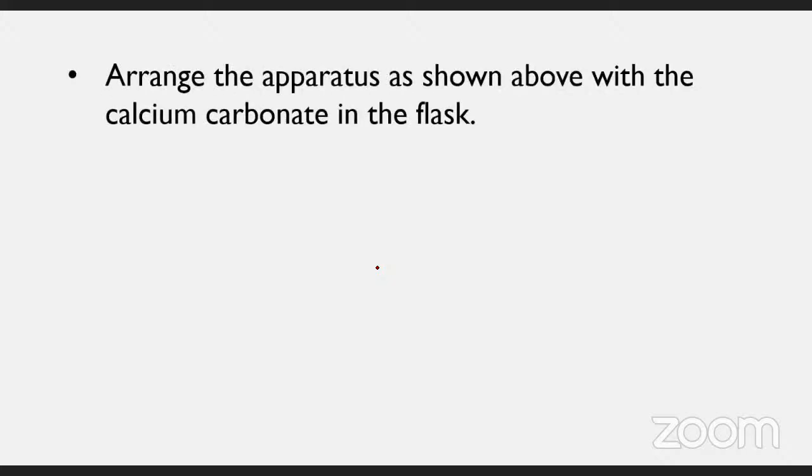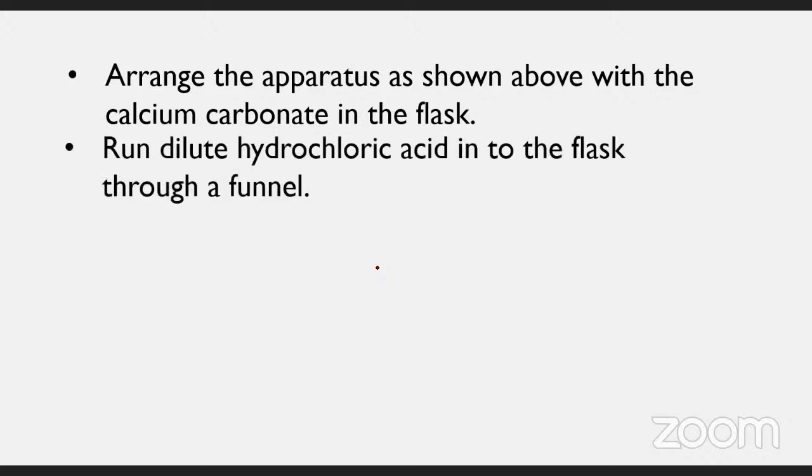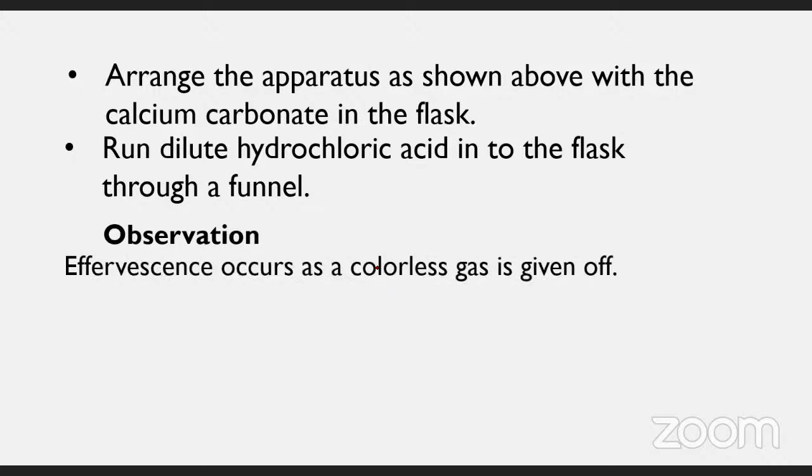So the procedure is arranging the apparatus as shown above. That is drawing the diagram we have above. Then we add hydrochloric acid in the flask through the funnel. Then what do we observe? We shall see effervescence as a colorless gas is given off.